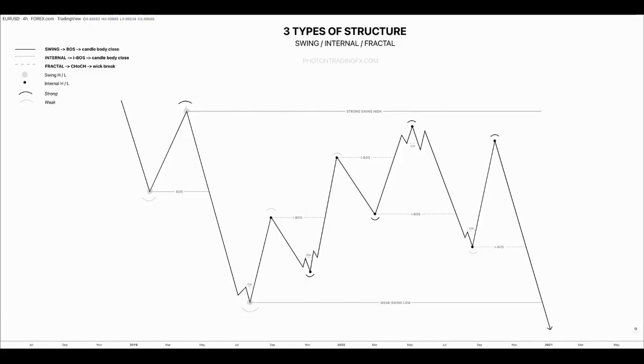We spent quite a while breaking down fractal structure, looking at how we identify those changes of character. You've seen how that method is 100% mechanical. I have yet to find a scenario in price action where it required discretion. It's 100% mechanical. There are no ifs, buts, or maybes.